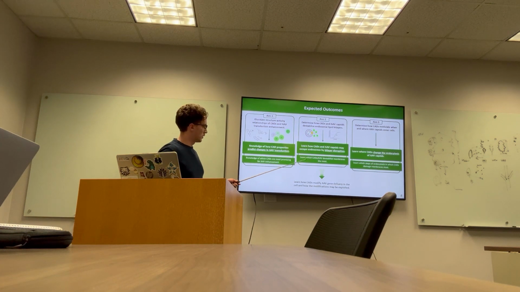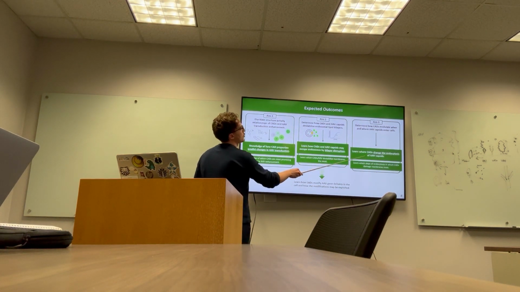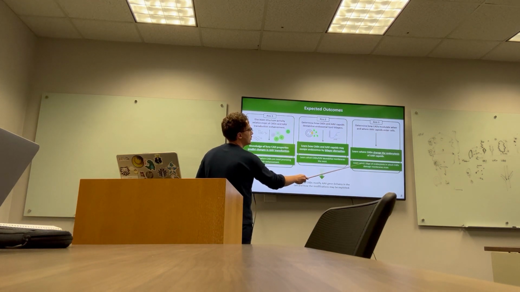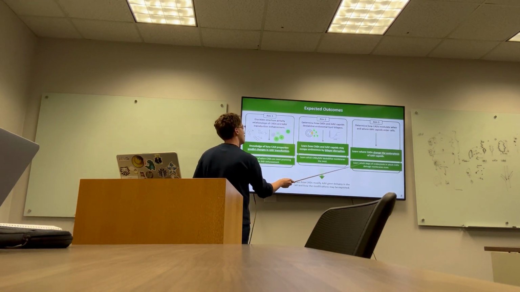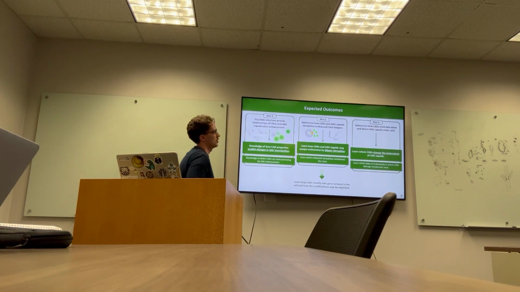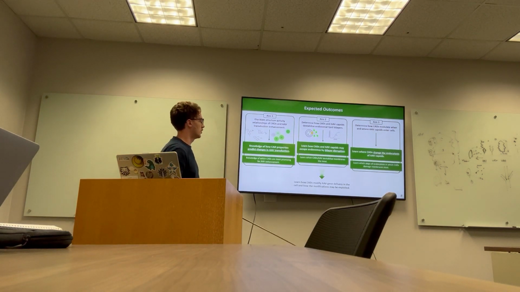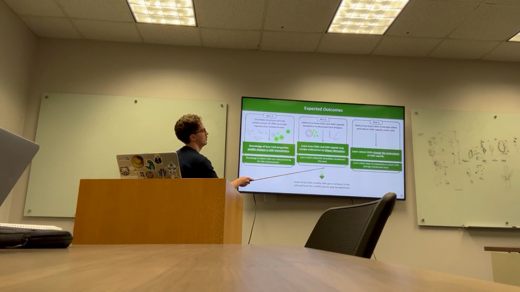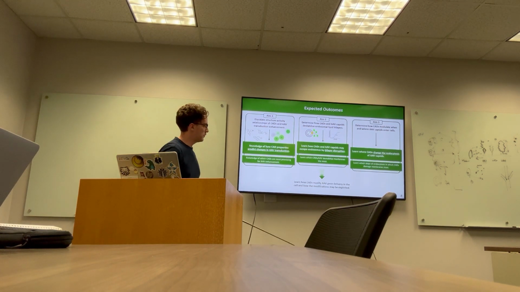So again, we're learning which might be most promising. And in my last aim, we'll learn where CADs change the endocytosis of AAV capsids, and learn which steps of endocytosis CADs seem to damage most. So overall, this will help us learn how CADs modify AAV gene delivery and how we can exploit those modifications.